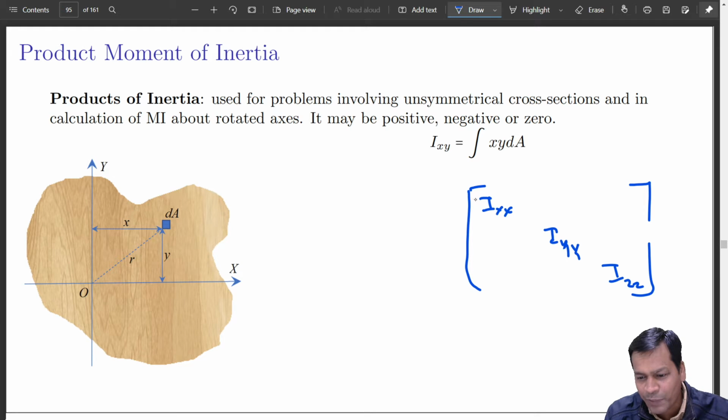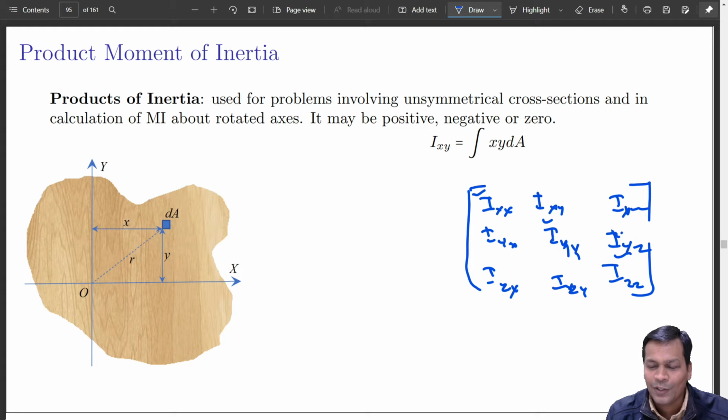This is known as principal moment of inertia. The rest are product moments of inertia, and they go here: Ixy, Ixz. Similarly Iyx, Iyy, Iyz, Izx, Izy, Izz. So this is actually the inertia tensor.